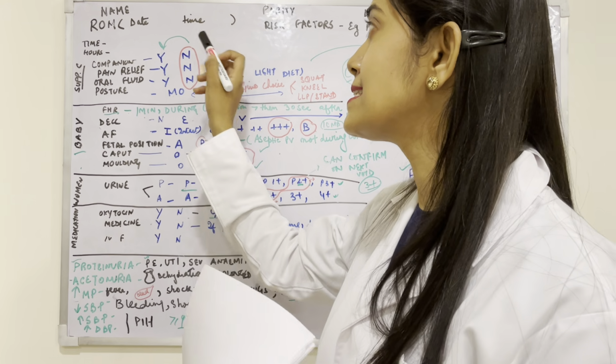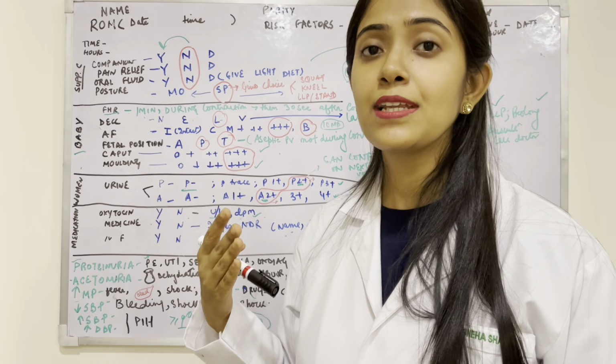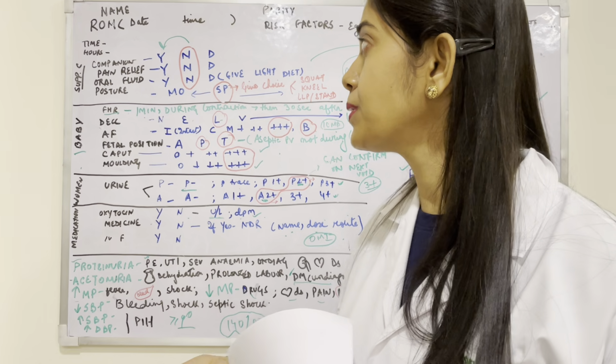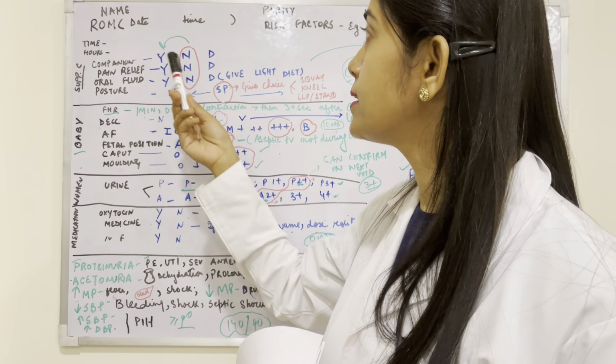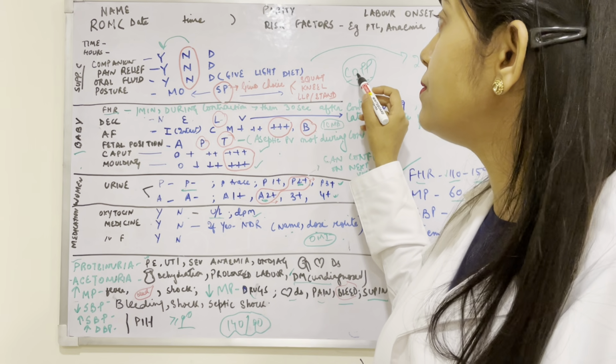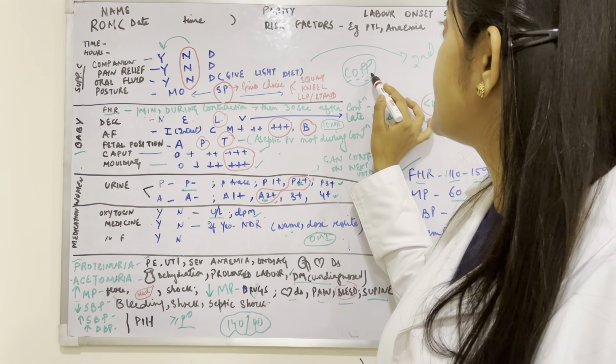So these circles ensure that the alert findings are noted well and acted accordingly. Okay, so we've done with the COP, that is the COPP, companion, oral fluid, pain relief, and yes, posture.